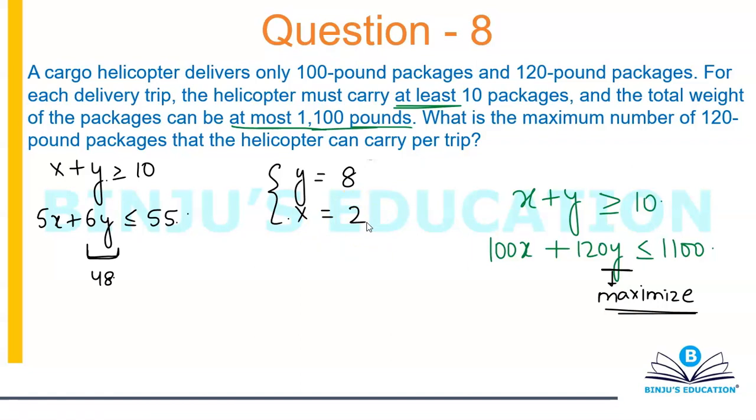If I take x to be 2, then 5 into 2 will become 10, and the total will become 58, which is not less than 55. So this also doesn't satisfy. I'm going with the minimum possible values of x and y. That's why when I took y to be 8, I took x to be 2 automatically.